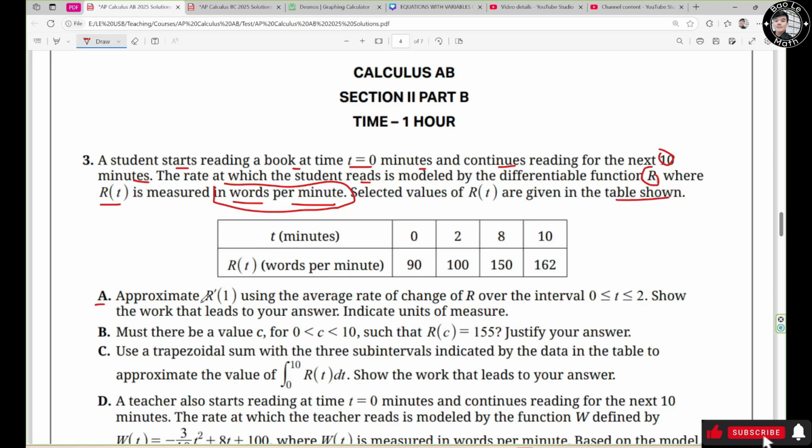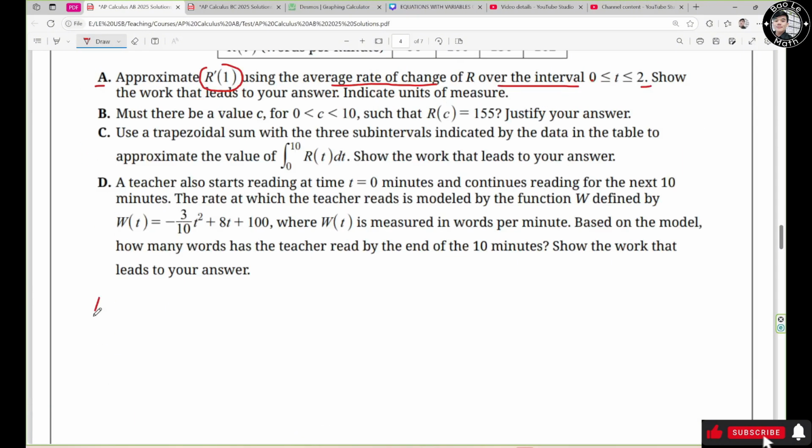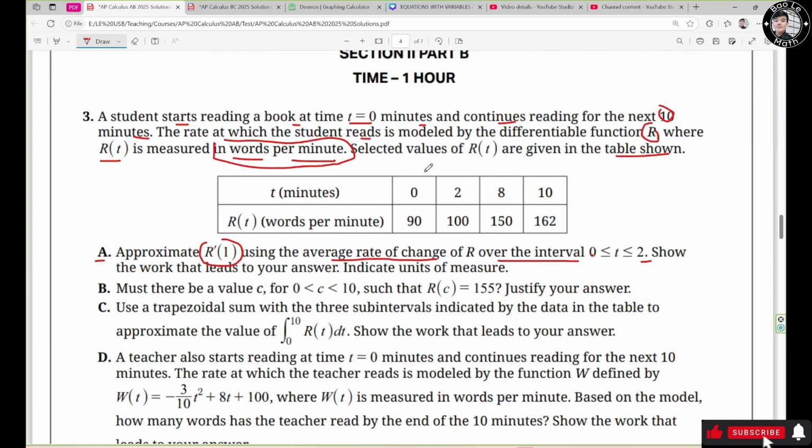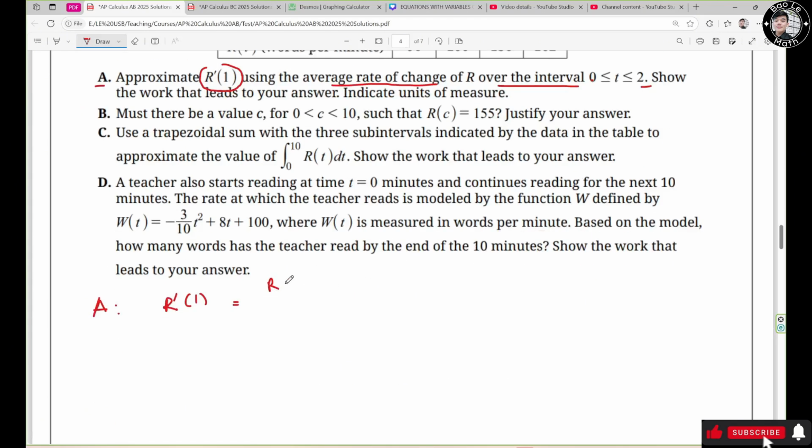Question A. Approximate r prime of 1 using the average rate of change of r over the interval 0 to 2. Alright, now you have question A using average rate of change. So r prime of 1 equals r of 1 right here, between 0 and 2. So you have r2 minus r0 over 2 minus 0.